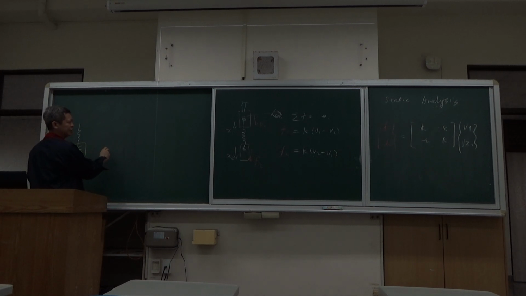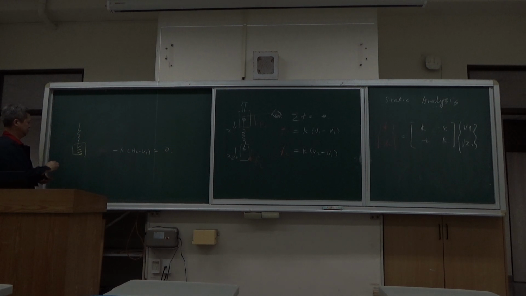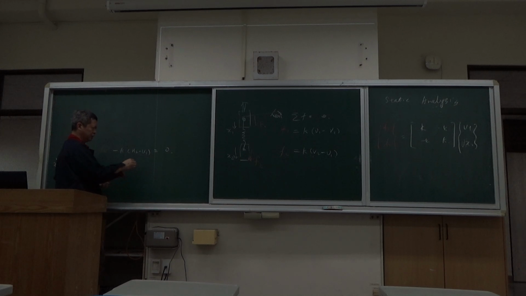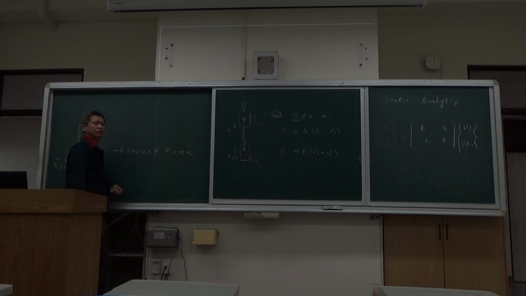Previously, you were writing F2 minus K(U2 minus U1) equal to 0. If this point is going to be subjected to acceleration, the formula here is no more 0, it is m U2 double dot.